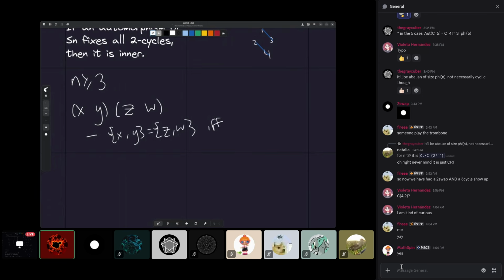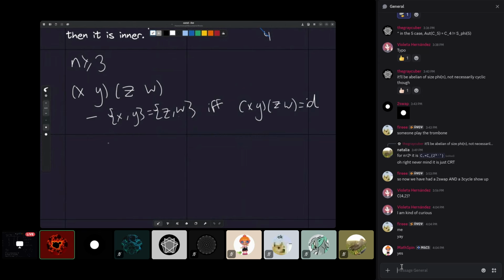That happens if and only if the product (x y)(z w) is the identity permutation. Hopefully that direction is clear. Going the other way will follow once we've done all the other cases, if it's not already obvious.